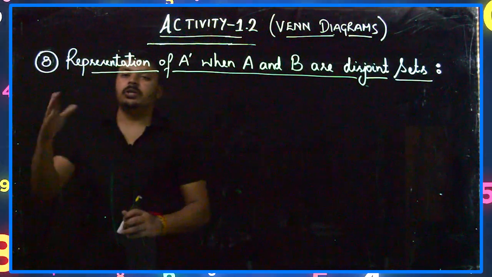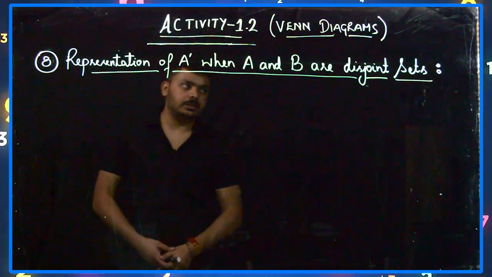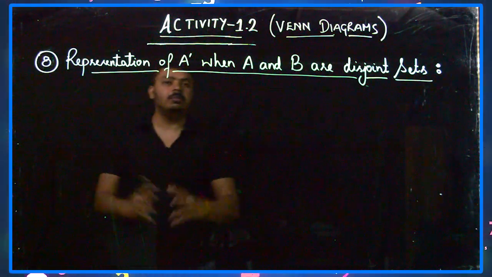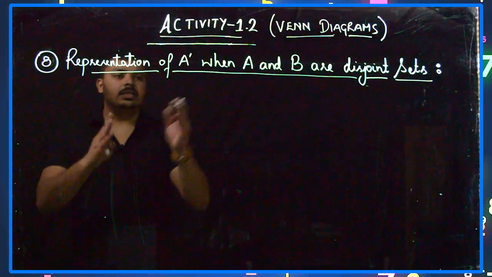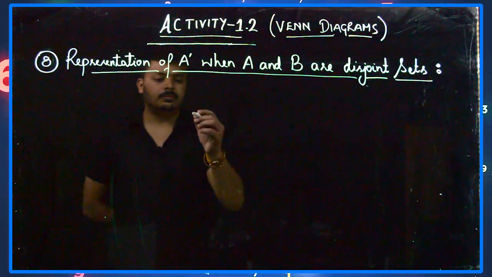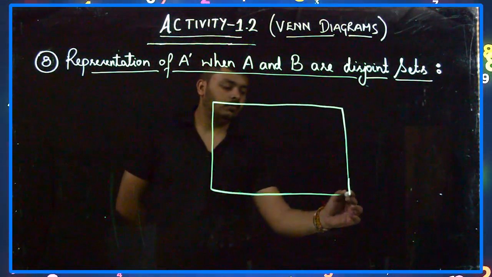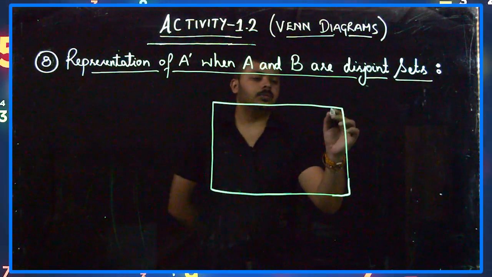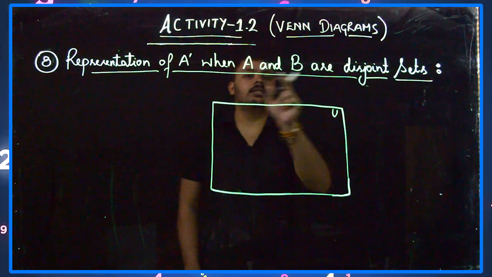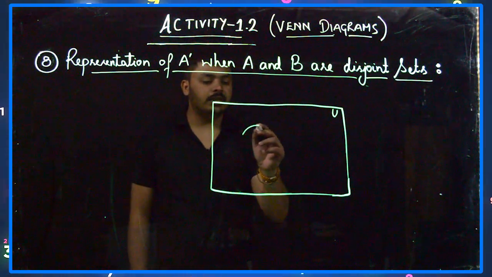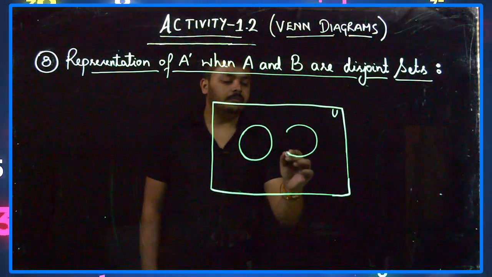Now our eighth point is representation of A complement when A and B are disjoint sets. Now we are familiar with what is complement of a set and what are disjoint sets. So let's represent this using a Venn diagram. Suppose this is a universal set, and in universal set we have two disjoint sets, that is A and B. Disjoint sets do not have any element common between them.